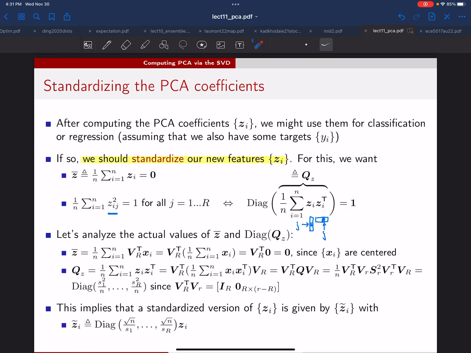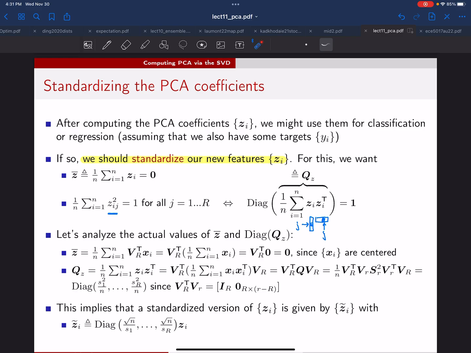Okay, so this is just a way of writing this directly in terms of the Qz matrix. This is just the sample covariance matrix for our Z data. The reason we're doing this is that we can then work more easily with this sample covariance matrix.